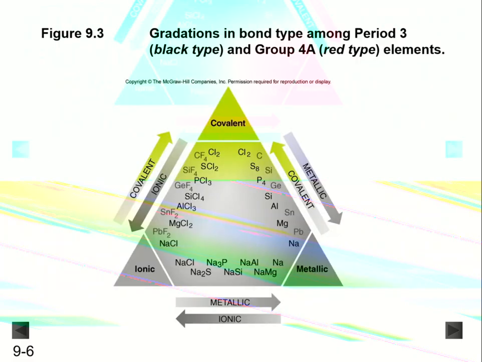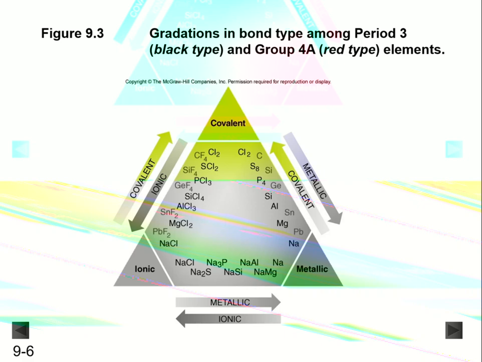This triangle illustrates the spectrum of bonding that occurs. We sometimes think of ionic, covalent, and metallic as being three very discrete and distinct types of bonding. But in reality, there is a spectrum of behavior. Let's look across the bottom side of this triangle to illustrate this.